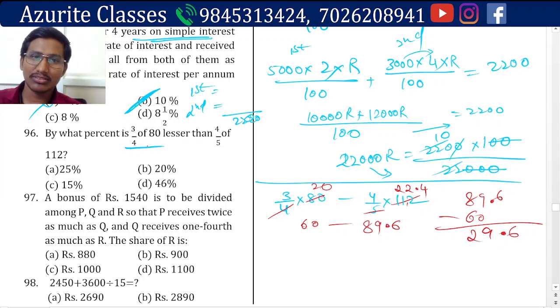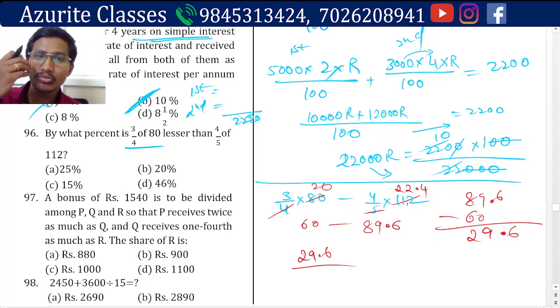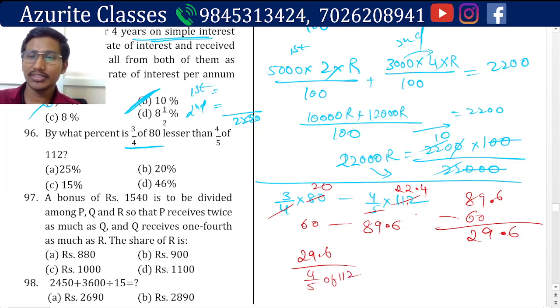So what percent of that is this, 3 by 4 of 80 is lesser than this. Now we have to take that 29.6, it is less upon how much? That is 4 by 5 of 112, which came as 89.6, right?